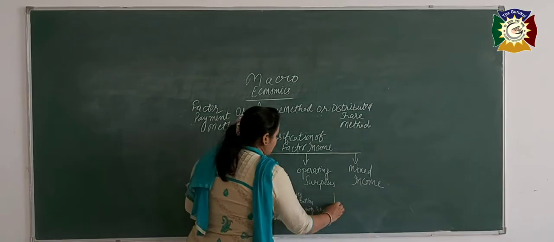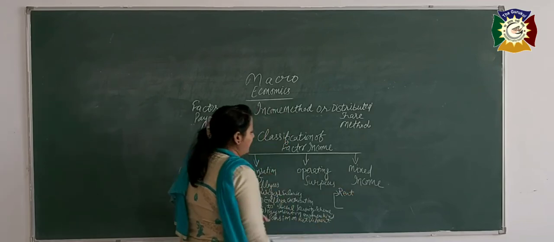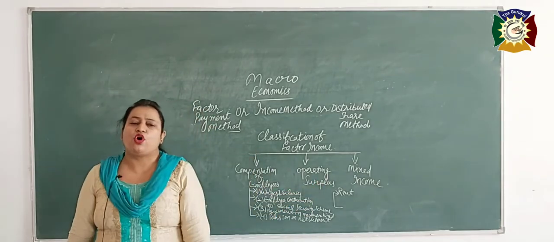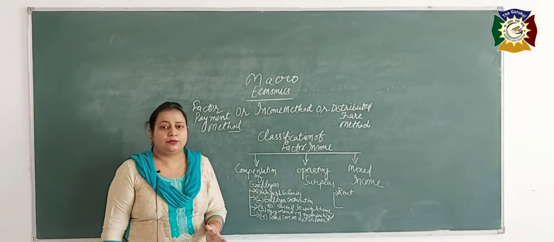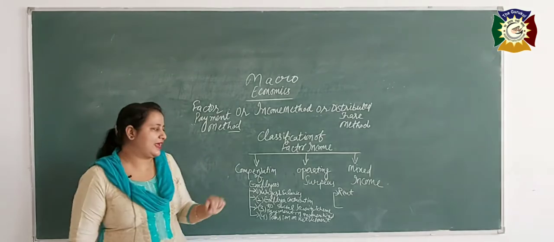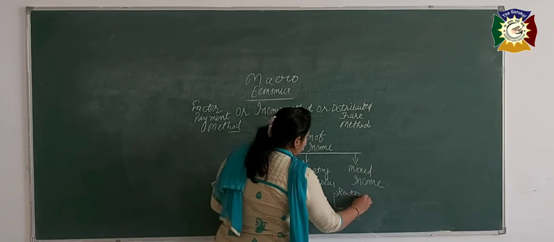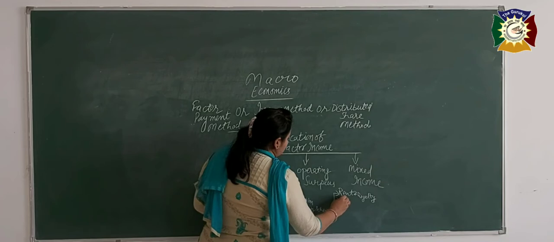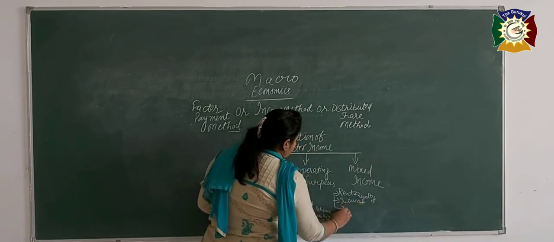Operating surplus, that is earned by operating. This income is known as income from enterprises or property. For property you will get rent and royalty, then interest, then profit.